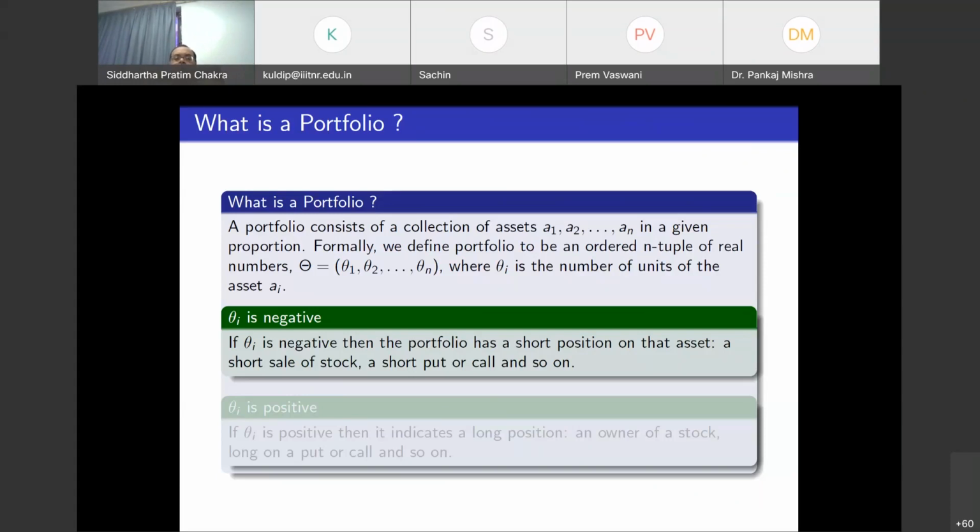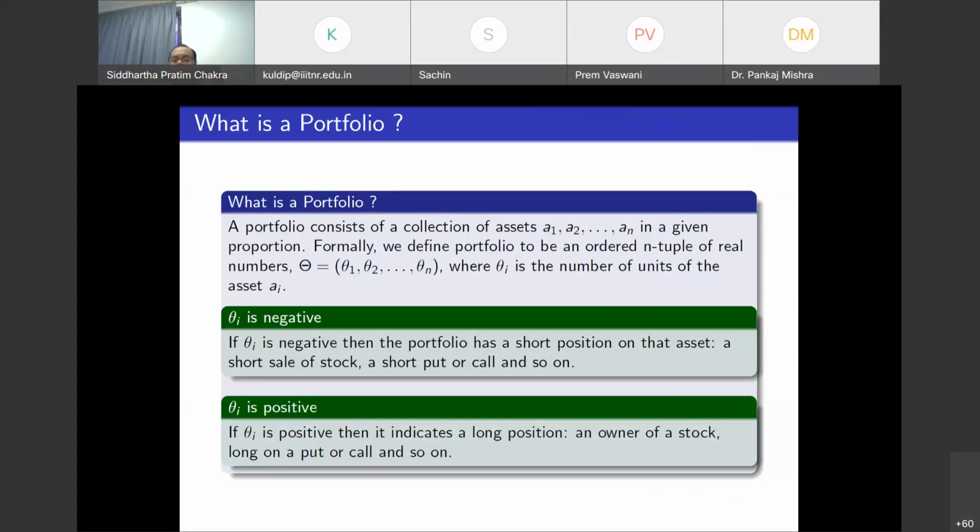In an analogous manner, theta i can also be positive, and if theta i is positive, it indicates a long position. In the case of a stock, it means that you are the owner of a stock, that you have actually purchased the stock, or it could be a long position in a put or a call option. In the case of a bond, this means you have ownership of a bond, that is, you have put money and got a fixed deposit.